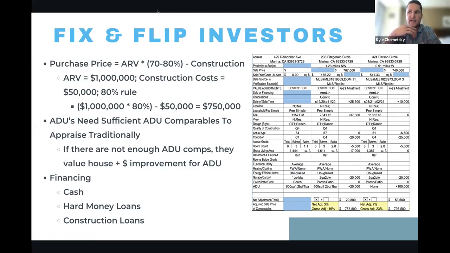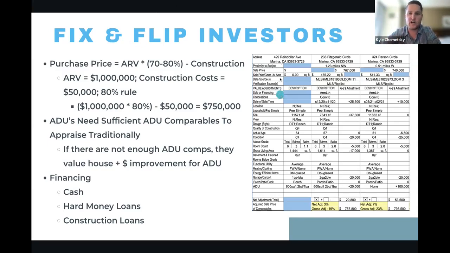When an appraiser goes out, they're looking for like kind properties. So if they're trying to appraise a property that has an ADU, they want to only appraise other properties with ADUs. But if there's none to be found that can be justified as comps, then they're going to take that property and compare it to another single family home, and then they're just going to give you a flat amount of money for that ADU.